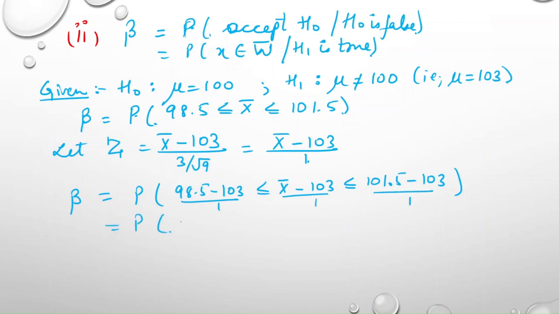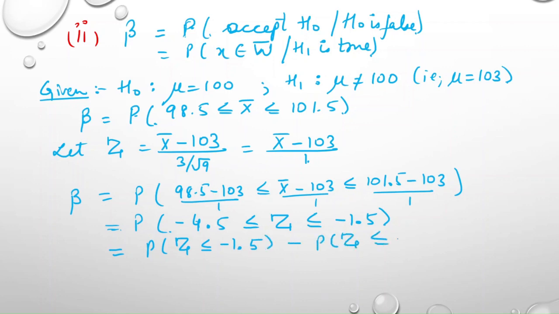So this would be minus 4.5 less than or equal to capital Z, less than or equal to minus 1.5. So now after calculating this, we are getting the probability of Z less than or equal to minus 1.5 minus P of Z less than or equal to minus 4.5.